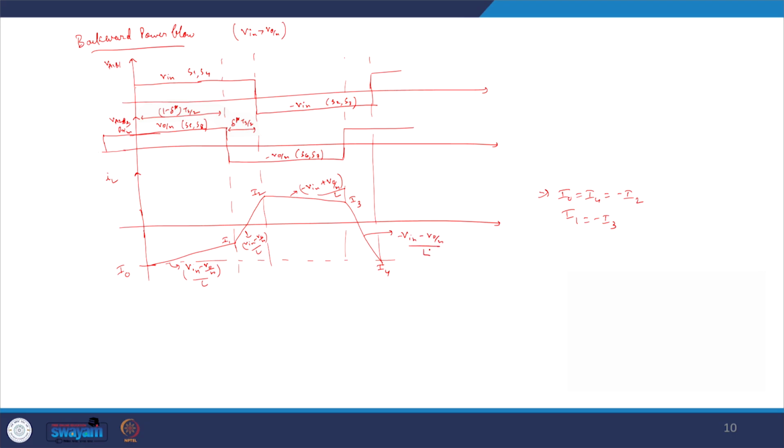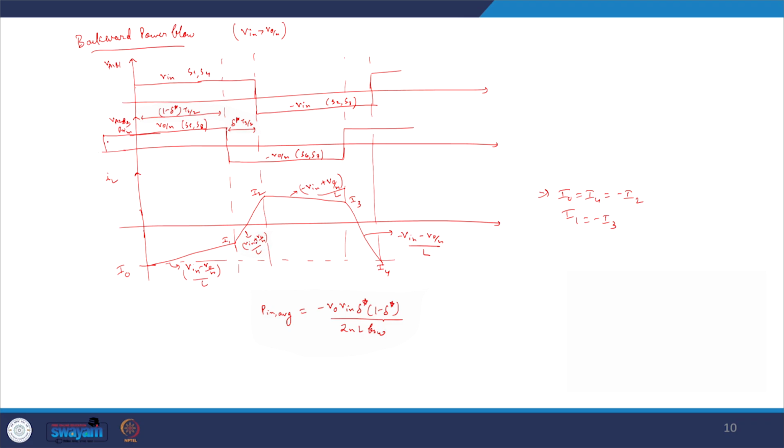So when we do the averaging, we can get P in average to be nothing but minus V naught V in delta star (1 minus delta star) divided by 2 n L f_sw. That one can get by following the same steps as we did for the forward power flow. Sorry, here it is a plus sign.